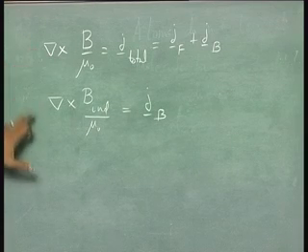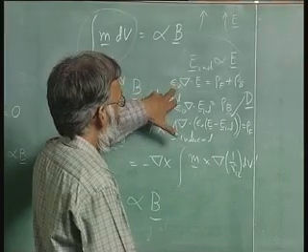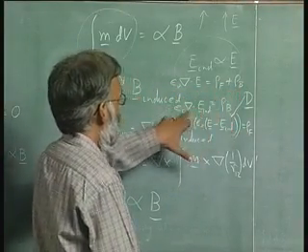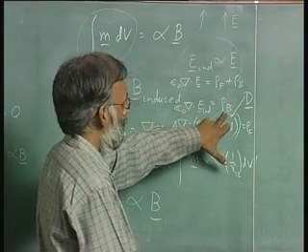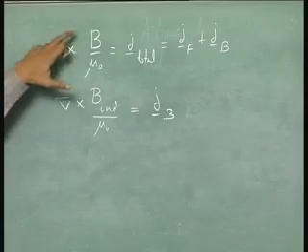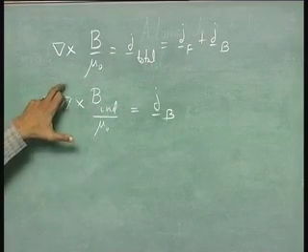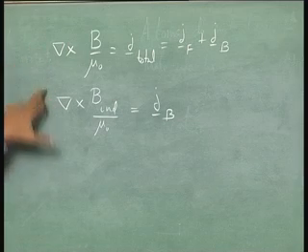So, once again just see the symmetry. I had divergence of epsilon E is rho free plus rho bound, divergence of epsilon naught E induced was just rho bound, and so I defined a new field. Here I have curl of B over mu naught is J free plus J bound, curl of B induced over mu naught is J bound. So, let me take the difference.